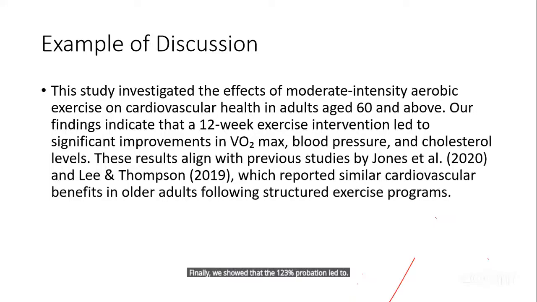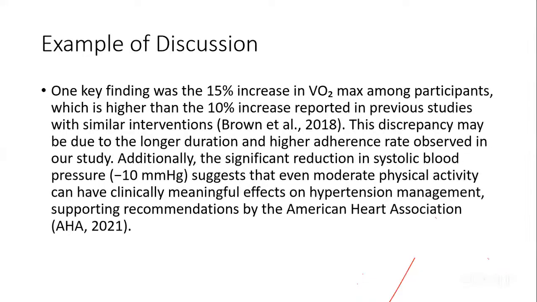These results align with previous studies by Jones et al. 2020 and Lee and Thompson 2021, which reported similar cardiovascular benefits in older adults following structured exercise programs. So this is very simple. We have already reported the results and we have cited two authors that support your work. This is how to write a concise discussion.